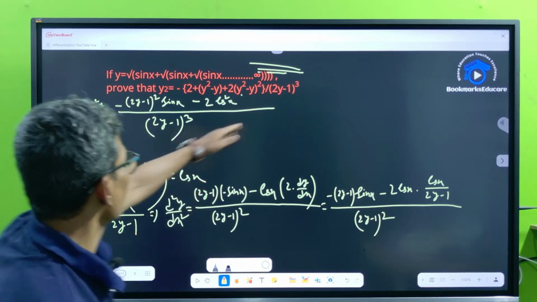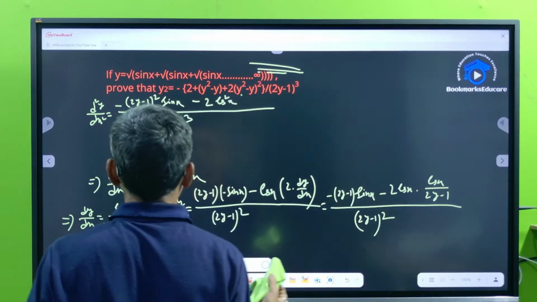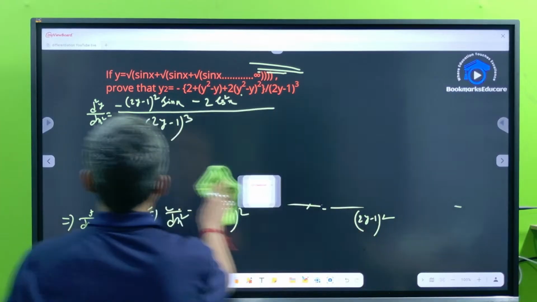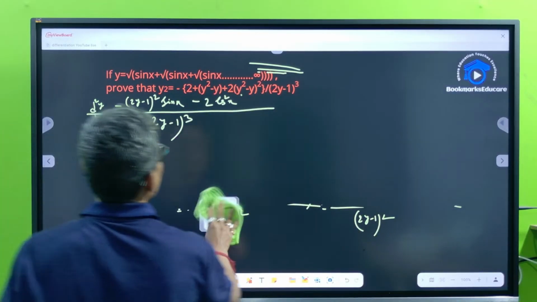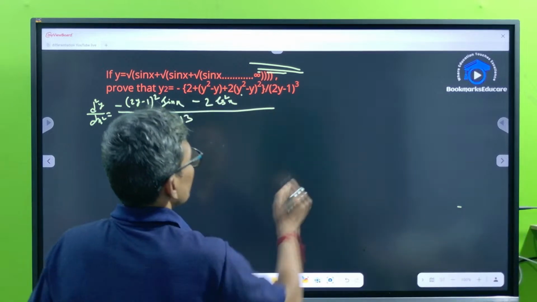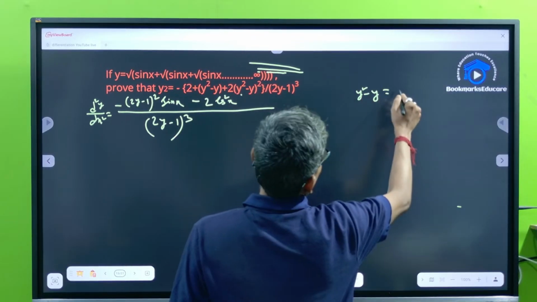Okay, we have got the whole cube now. So y square minus y is equal to sin x.